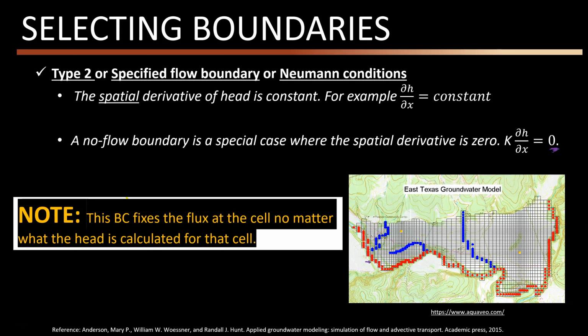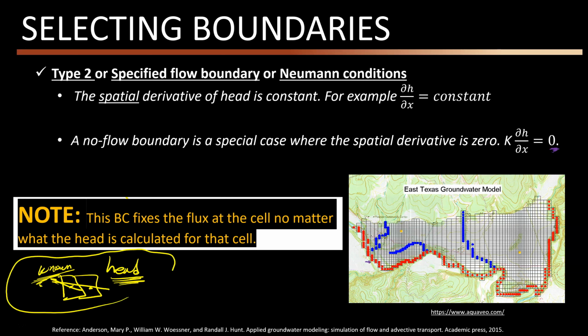So maybe I need to explain it again: in this form of boundary condition, you just say that the flux or the slope of the head at that cell is known. Okay, but the head can change. These are two totally different concepts that I hope you can digest well. So the head can change, but the gradient doesn't change. Okay, so this is something you need to think about.